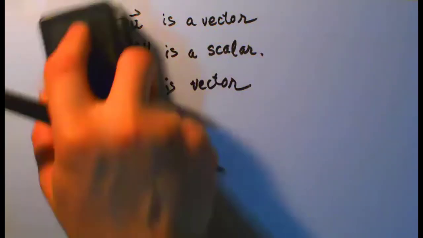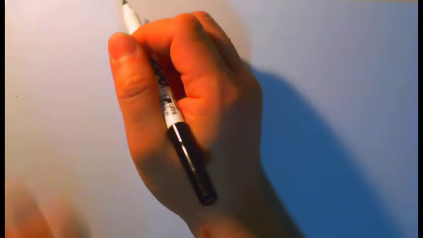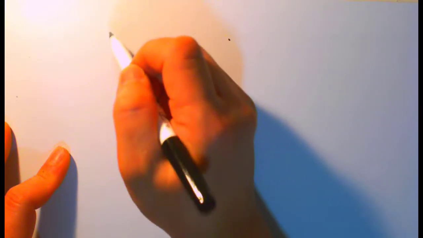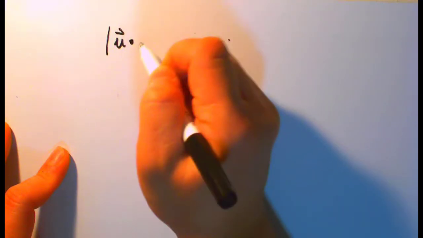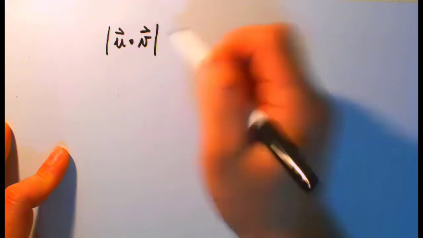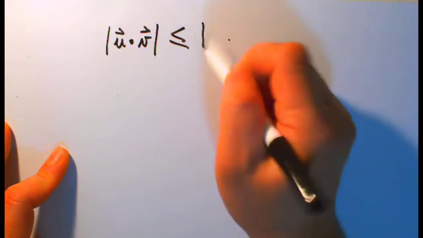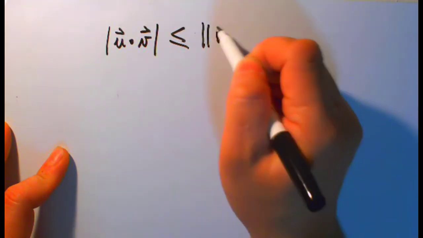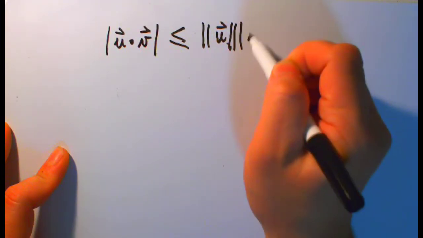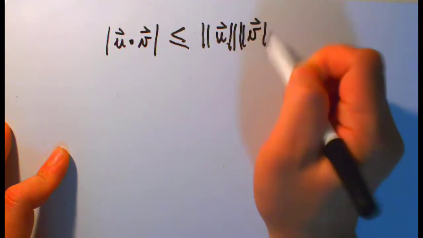We're going to start proving the Cauchy-Schwarz inequality. Once again, formally speaking, before I do any proof, I'm going to restate the statement that we're trying to prove. The Cauchy-Schwarz inequality says the absolute value of the dot product between two vectors is always less than or equal to the length of u times the length of v.